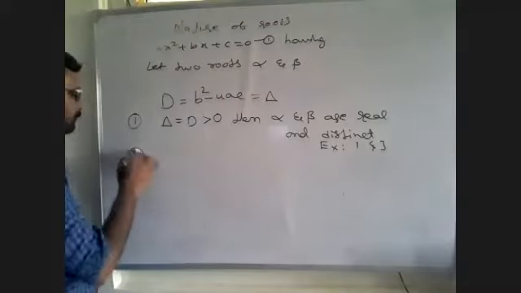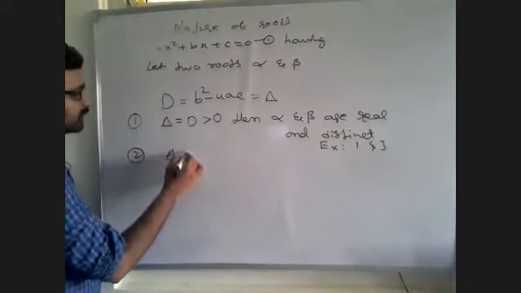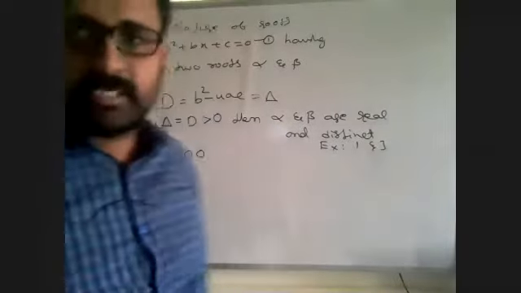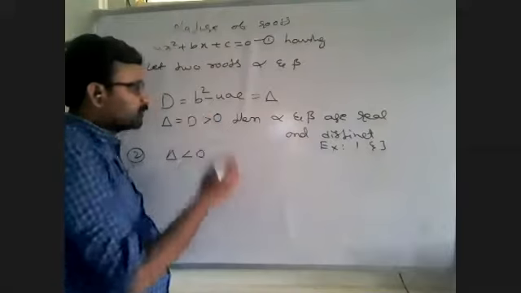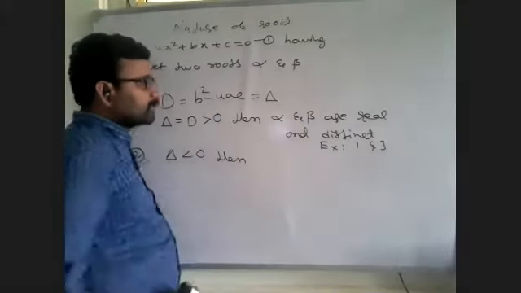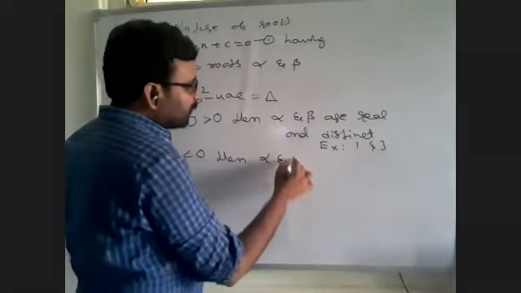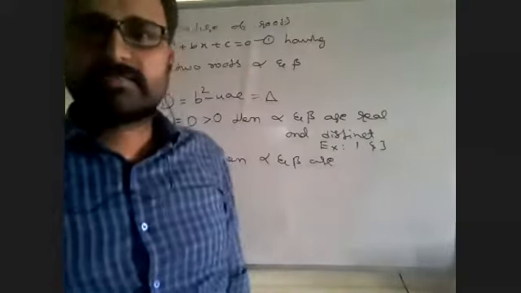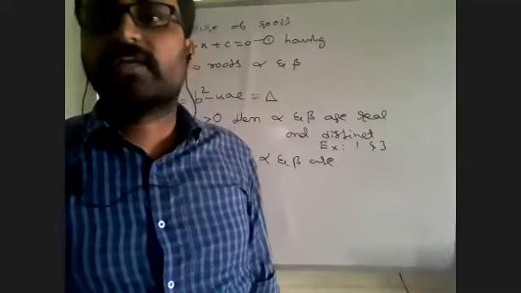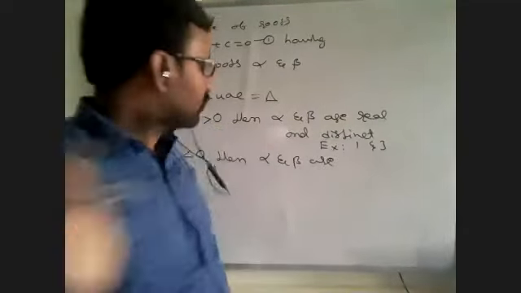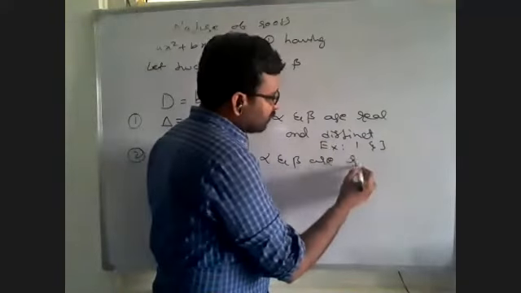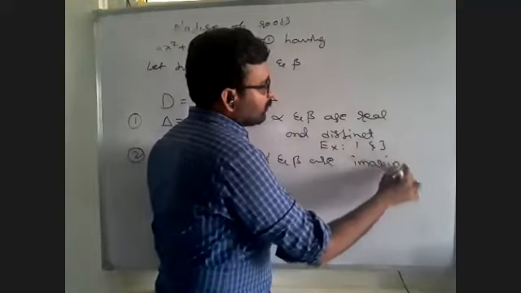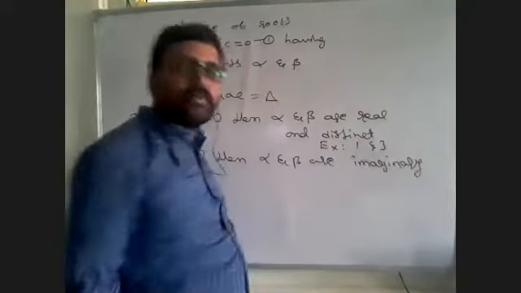Second case: if delta is less than 0, meaning negative, then alpha and beta are imaginary roots. We can't say what the roots are, because there do not exist real numbers. Why?